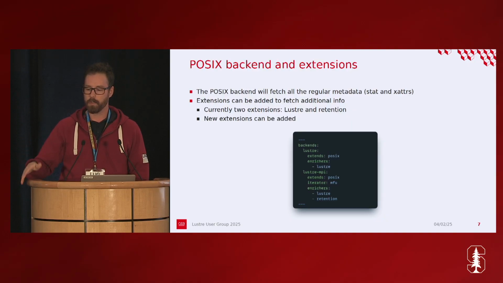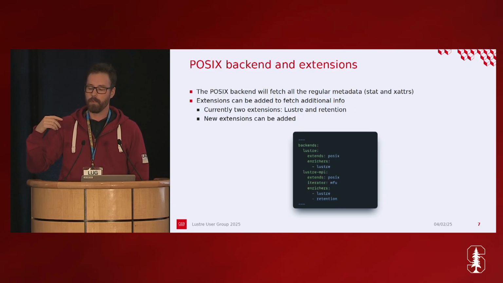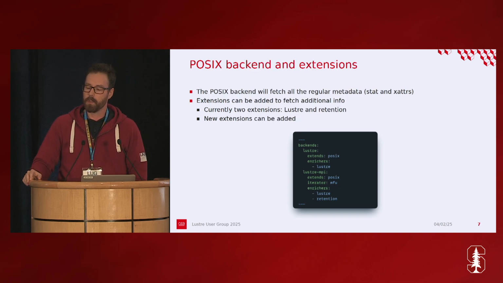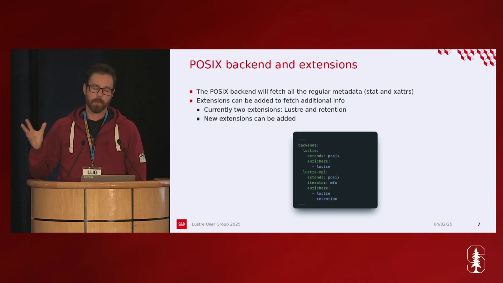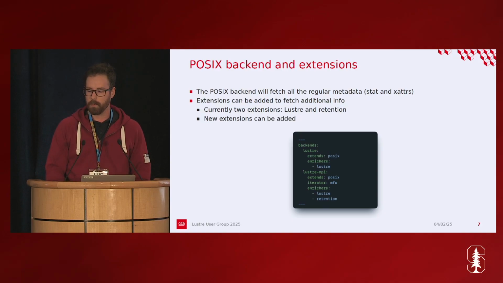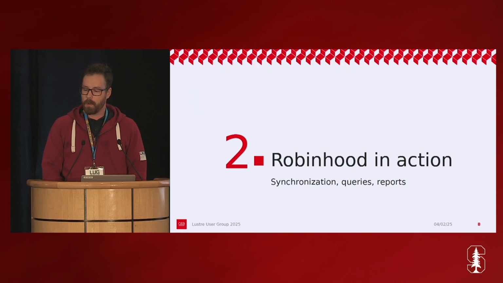So for instance, the Lustre extension will fetch the layout of the file, the HSM attributes, and all of those. We also have a retention extension that I'll talk about at the end of the presentation, and an MPI file utils extension that lets you use MPI file utils semantics to traverse the file system in a distributed fashion.